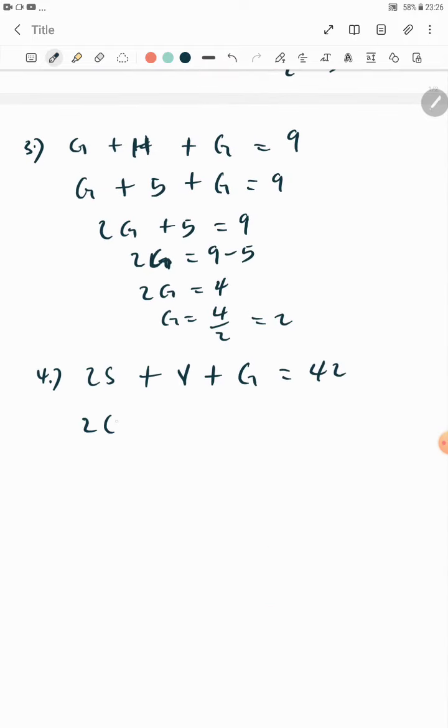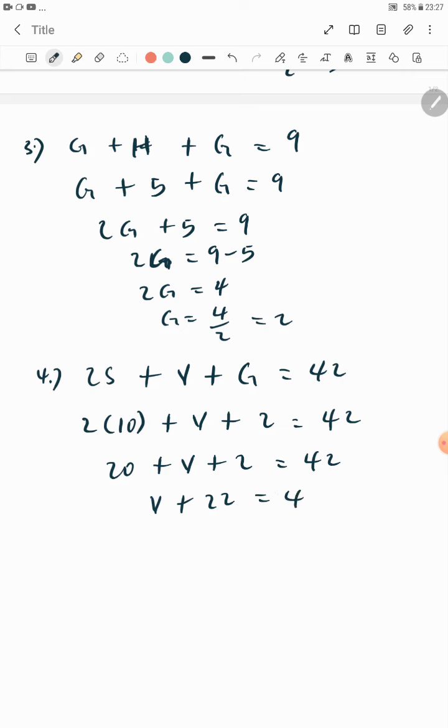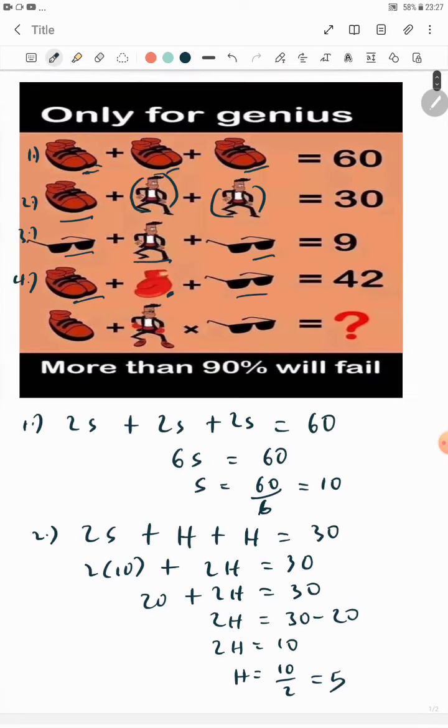We know that each of these shoes is actually 10, plus the hand glove plus G, which is actually 2, equals 42. So that means that we have 20 plus V plus 2 equals 42. And then V plus 22 equals 42. So V equals 42 minus 22. So V equals 20. So everything that was given to us as symbols here, we have actually gotten their values.